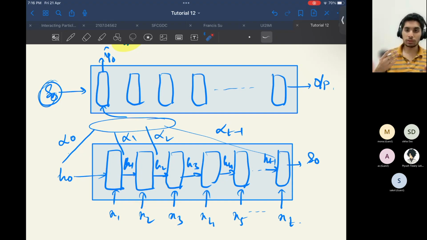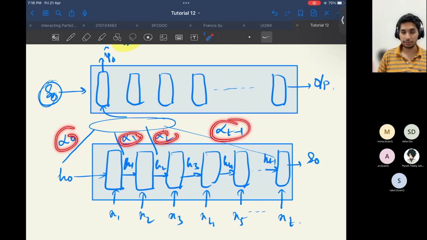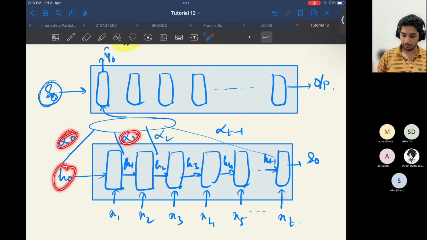But how do I learn that I have to give weight to only the first three words? So I will introduce some parameters alpha naught, alpha 1, alpha 2 till alpha t minus 1, and multiply alpha naught with H naught, alpha 1 with H1, alpha 2 with H2, alpha t minus 1 with Ht minus 1, and take a weighted average of them.